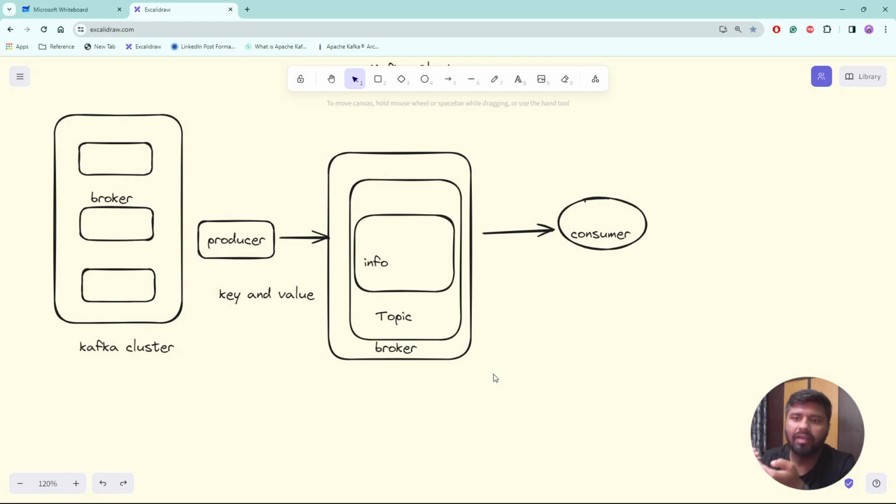We can have multiple topics within Kafka. Whenever we would like to consume certain records, we need to identify through which topic we are willing to get the data. Correct? Now, the second question can be, why do we need multiple topics?